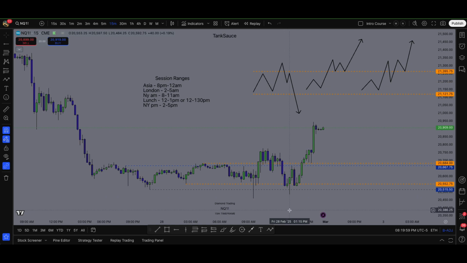And in this, the New York AM range, obviously here was the low. The high went to 11, so this would be the high. Here on this one, we retraced back down into the discount of the range and then we continued up.